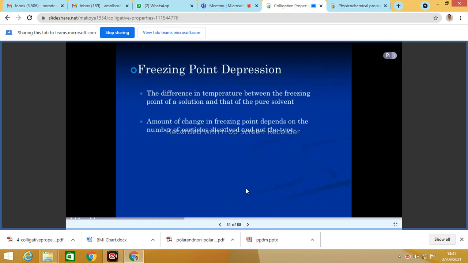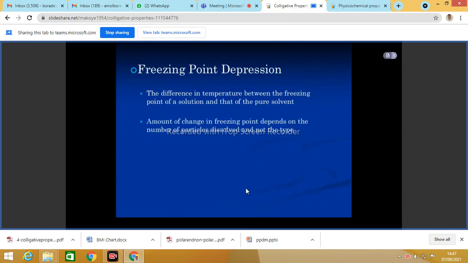Similarly for the freezing point also. Now you have the understanding of the elevation of boiling point. Take 100 ml water in the first beaker and 100 ml water in the second beaker. Now decrease the temperature. You will notice that at 0 degrees Celsius, the first beaker, which contains pure water, would freeze.